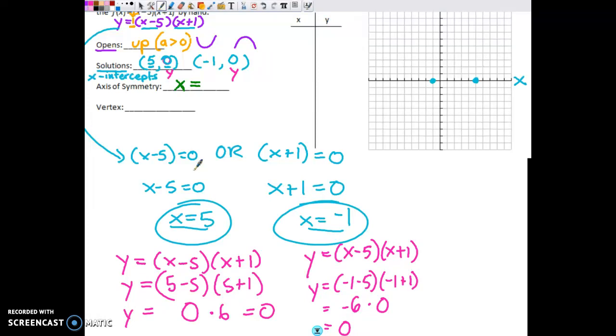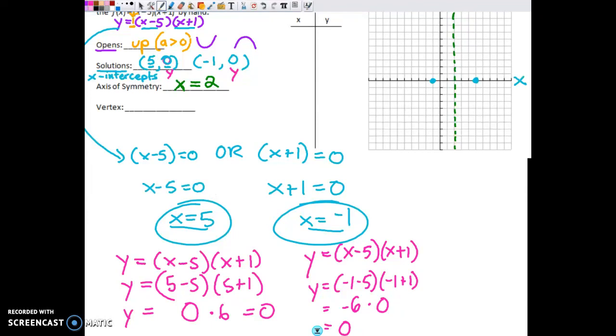Now to find the axis of symmetry, I need to find the middle between these two x-intercepts at -1 and +5. To find the middle, 1, 2, 3, 4, 5, 6, half of 6, 1, 2, 3. There it is. What x value am I on? X equals 2. Okay? There's my axis of symmetry, and I just drew it.